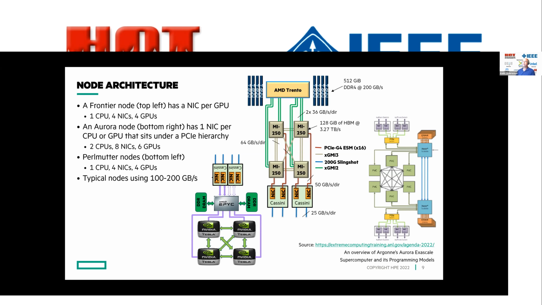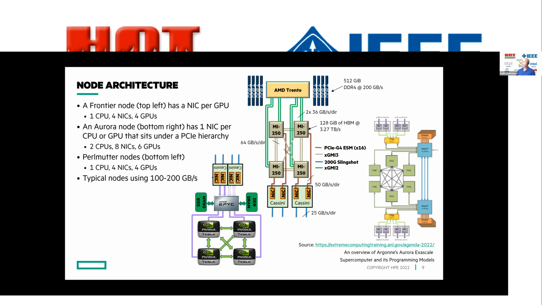On the bottom right, there's an Aurora node. That's the system that's going in at Argonne. It's got 6 GPUs and 2 CPUs and 8 NICs on it. And the bottom left is a Perlmutter node in its upgraded configuration to Slingshot 11, where it has a CPU and 4 GPUs and 4 NICs.